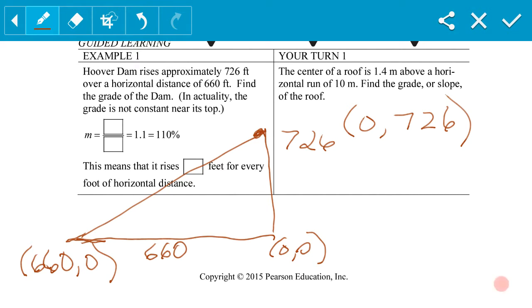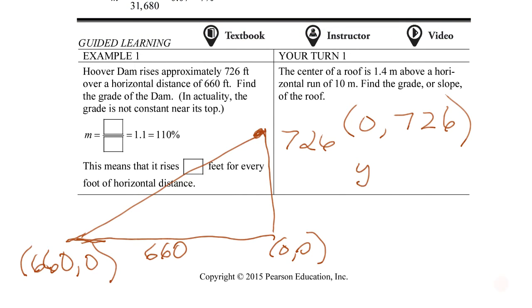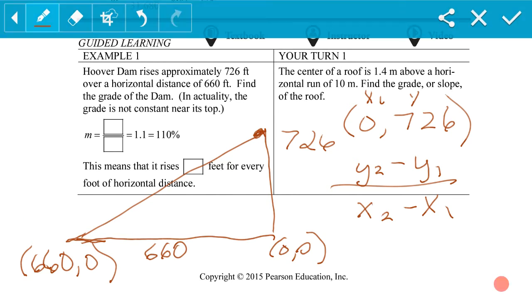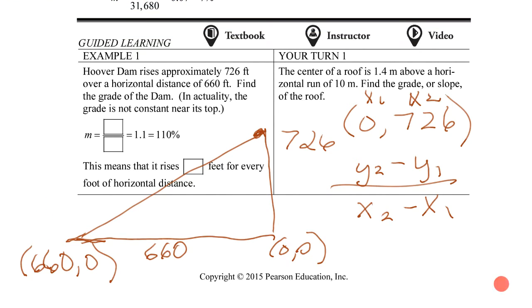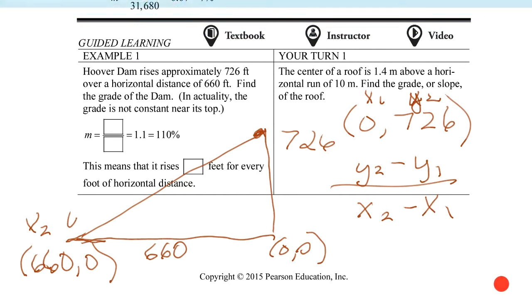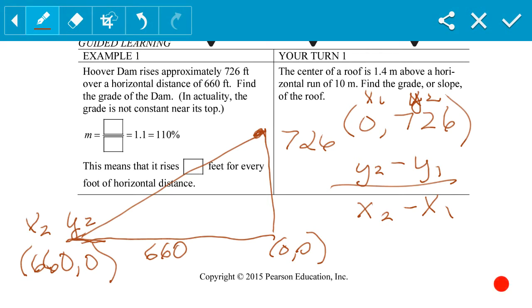So now we have 2 points, and we can say the slope is y2 minus y1 over x2 minus x1, and you can choose this to be x1, y1, sorry, and this to be x2, y2. So y2 is going to be 0.